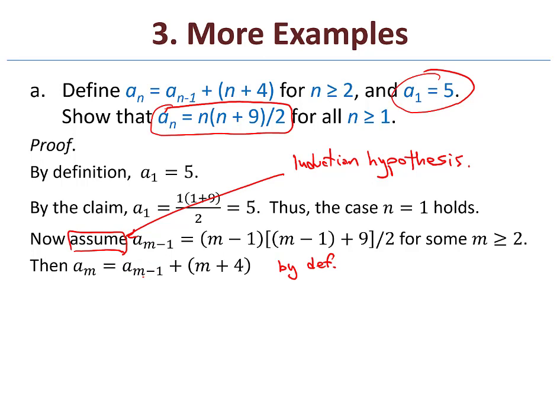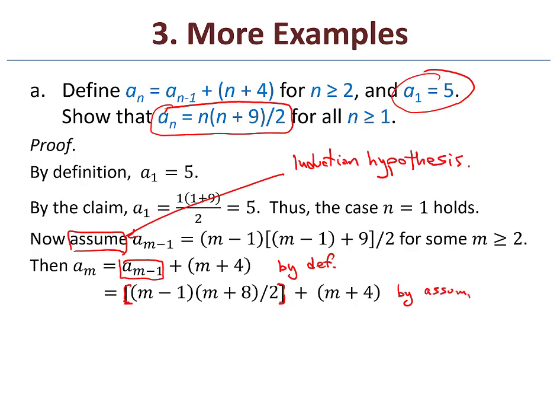Now my induction hypothesis says something about a sub m minus 1. I can take that and replace it. That's what we see in the brackets. In the brackets, I've replaced the a sub m minus 1. Now let the algebra begin. Maybe I should label this by assumption or by induction hypothesis. Maybe the word assumption is shorter.